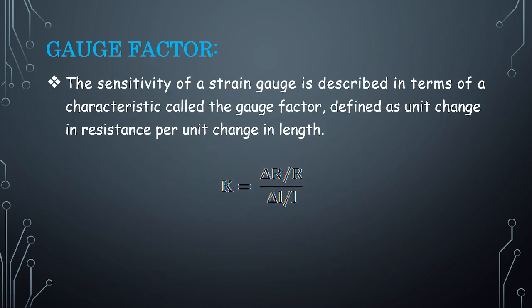Therefore, we use a concept called gauge factor to describe the characteristics of this strain gauge. It is defined as the unit change of resistance by unit change of length, that is, del R by R over del L by L. Whenever there is a change in the length, there will be a change in the resistance.